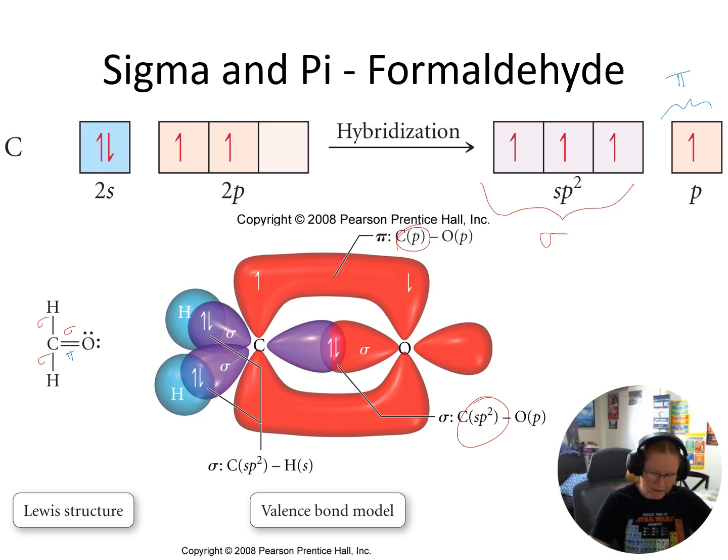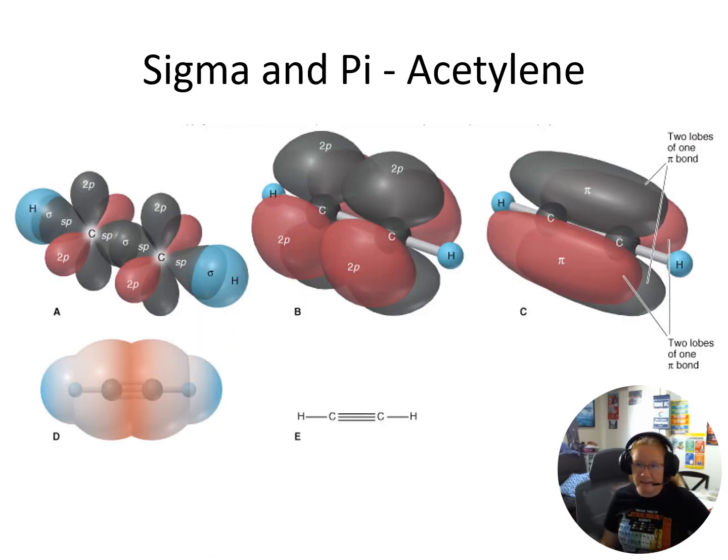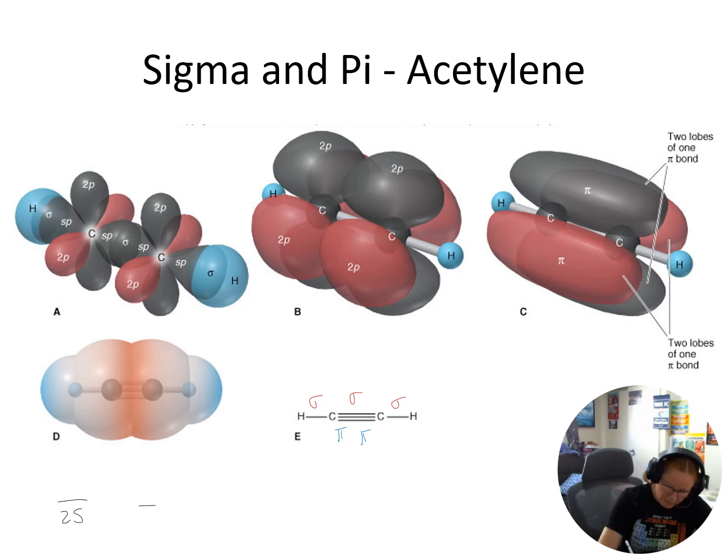Okay, and so then we get something like acetylene, where now we have 2 pi bonds. So I've got a sigma, and I have a sigma there, and then I have a pi bond and a pi bond. And so I have my 2s, 1, 2, and 2p for carbon, 1, 2, 3, 4. For something that's linear, I only need 2 things.